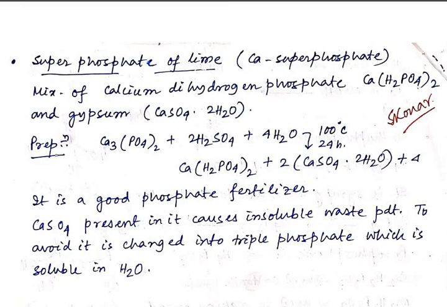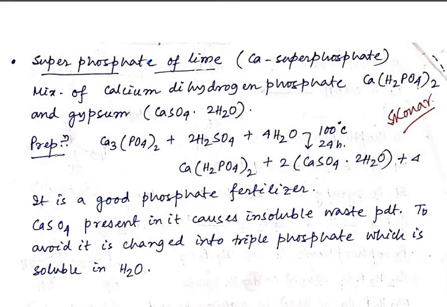Suppose I have the Ca3(PO4)2, that is the calcium phosphate, and when it reacts with the sulfuric acid and water at 100 degrees centigrade for 24 hours, it will form the calcium dihydrogen phosphate, that is Ca(H2PO4)2 plus 2 molecules of gypsum, that is CaSO4.2H2O. Okay, so it is a good phosphate fertilizer.